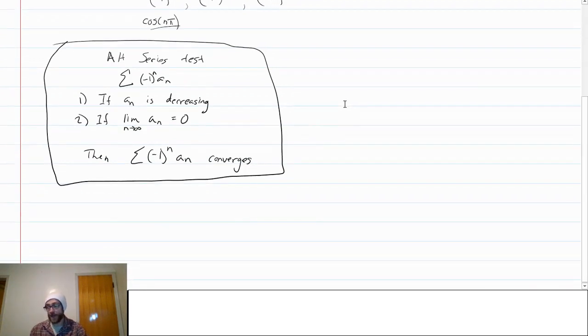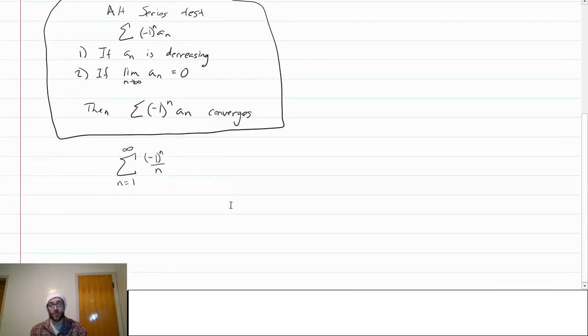So let's look at a couple of examples. So we know that the harmonic series, 1 over n, diverges. But what about -1 to the n over n, as n goes, say, from 1 to infinity? Well, we just have to parse this.